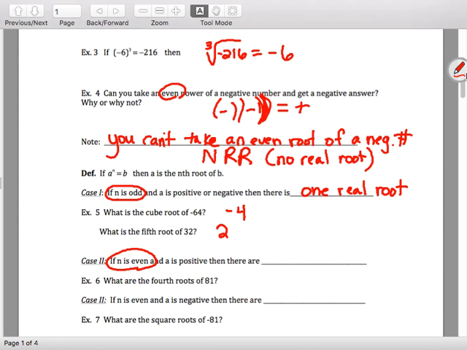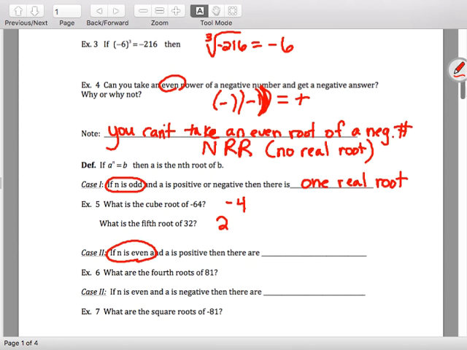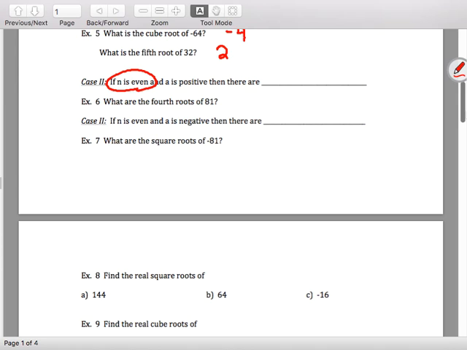If n is even and a is positive, then there are 2 real roots. Let me explain this one. It says, what are the 4th roots of 81? 3 and negative 3. Because if I take negative 3 to the 4th power, a negative 4 times is still positive 81.